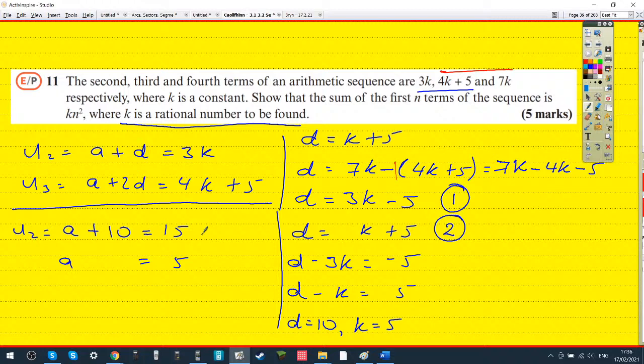Now we do, S of n is equal to n over 2 brackets 2 times 5, which is 10, plus n minus 1 times 10, is equal to kn squared. To show that, let's not say it's equal to kn squared. Let's just simplify it.